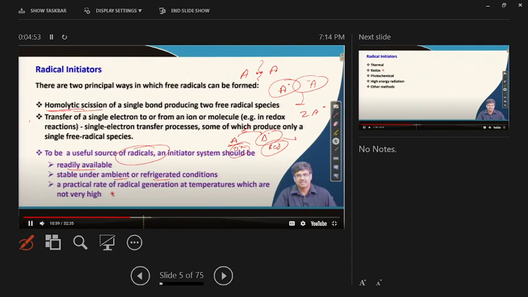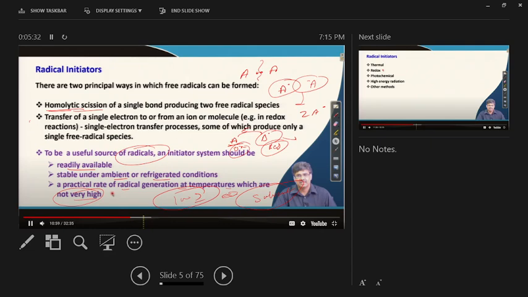Then, a practical rate of radical generation at temperatures which are not very high. It is also considered a condition that the radical generation temperature should not be very high, because polymerization generally occurs in some solvent, and we need to select solvents which generally have a boiling point around 100. Many solvents used in polymerizations have a boiling point around 100.